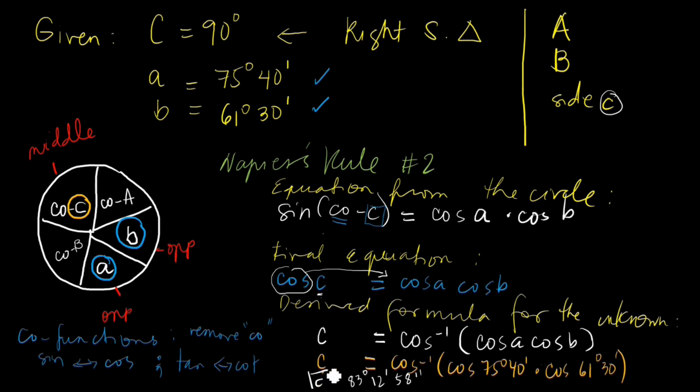So please practice in your calculator how to input this. This is the measure of side C. Again, side C is in degrees because it is like an angle, because the triangle is a right spherical triangle. Just remember in your calculator, please use proper parentheses.